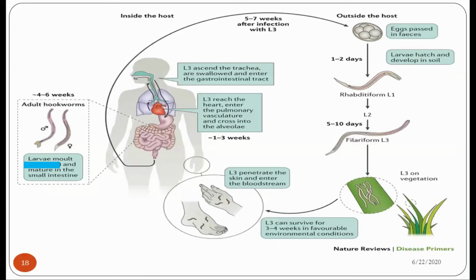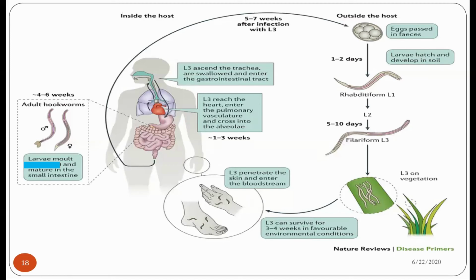Now this is the life cycle of hookworm. The infestation starts when the segmented ovum is passed out through the infected person's stool. Eggs are excreted from the infected person's stools into the surrounding environment when such an infected person defecates openly.